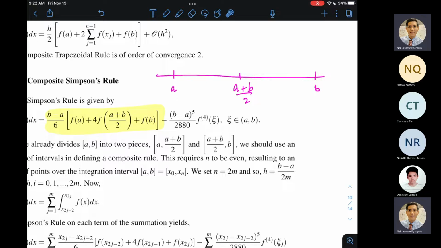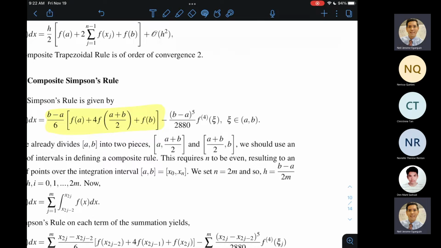So that means the number of subintervals to be used should always be even. Okay? So if i-factor in ko na dun sa pagde-derive natin ng composite rule, yung fact na sa bawat pasada ng Simpson's rule, dapat meron akong dalawang subintervals. So the total number of subintervals to be used must always be even.